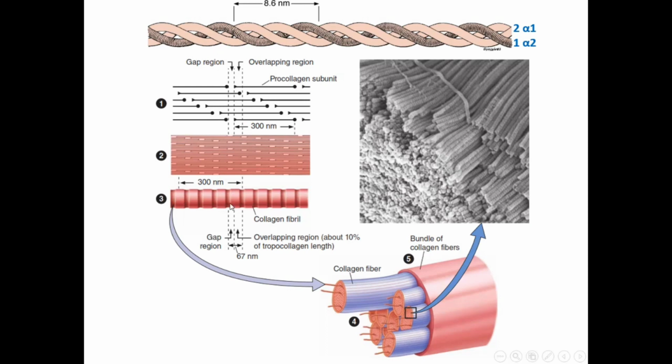Some collagen doesn't make fibrils and makes a sheet instead, for example collagen type 4. Some make collagen fibrils, like collagen 2. Some make a collagen fiber, like collagen 3, and just one of the 28 types of collagen makes a bundle of collagens, and that is collagen type 1. It is the most abundant collagen in our body: 90% of our body collagen is collagen type 1.